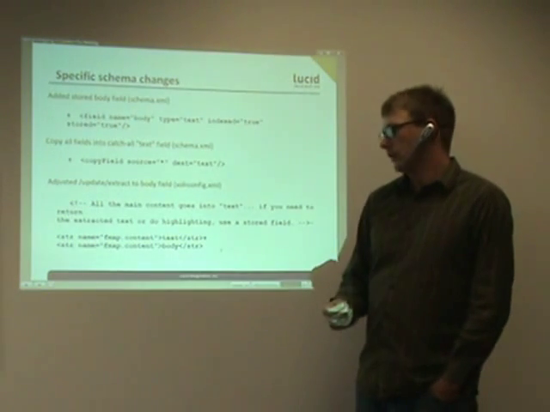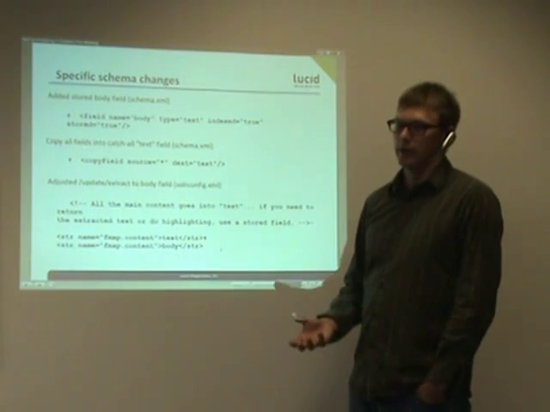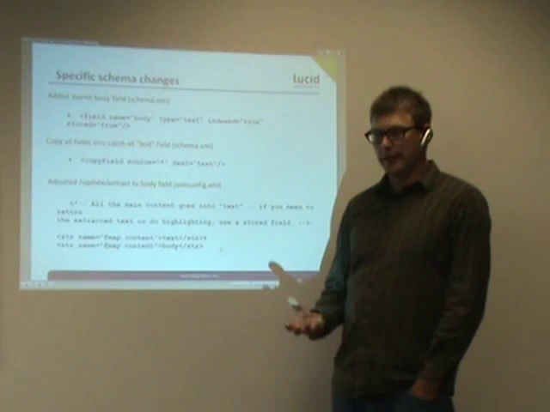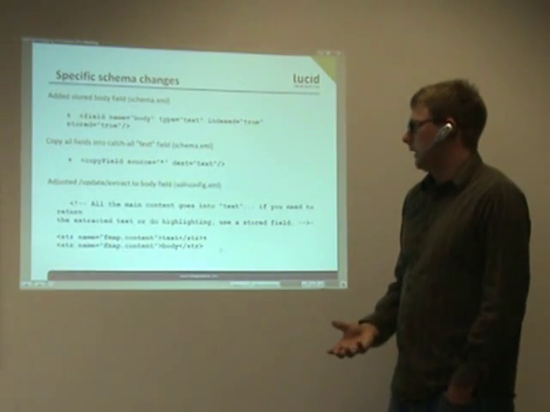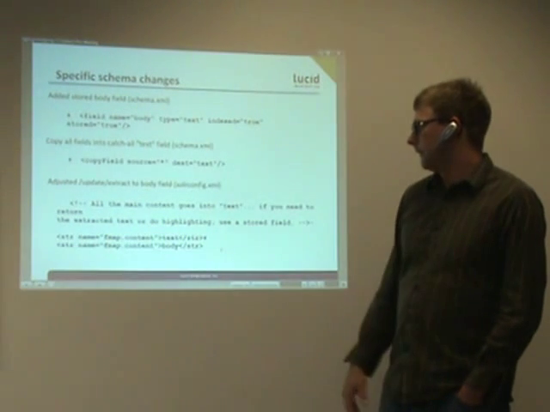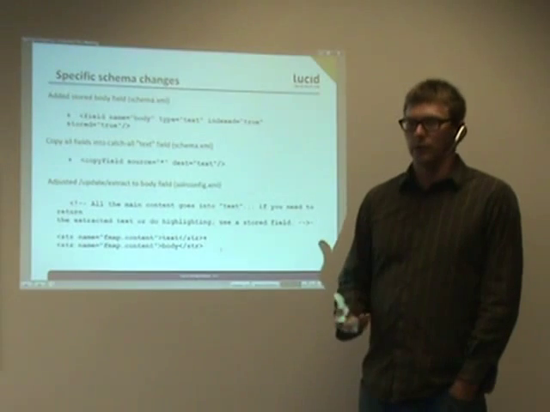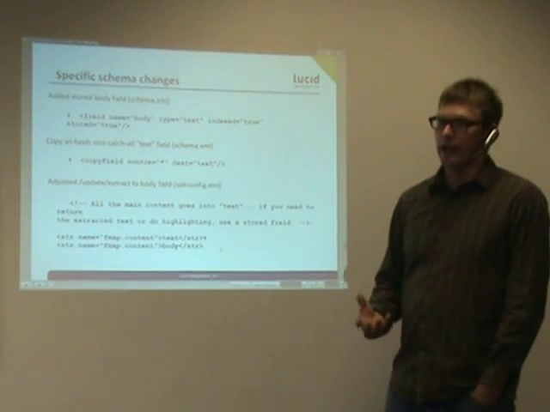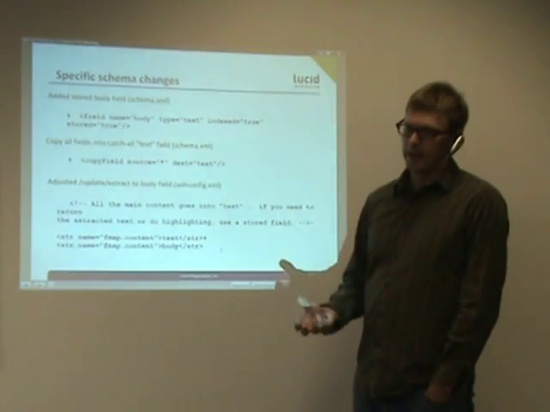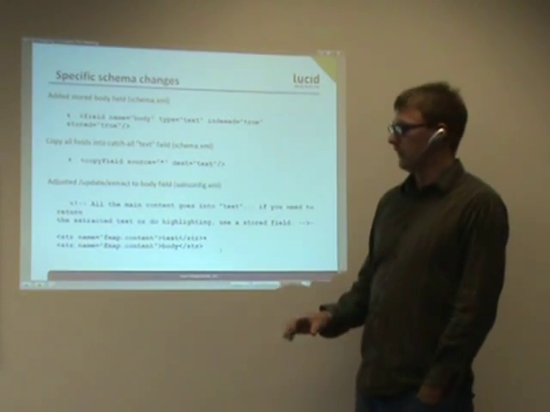And that text field in the schema is set to be unstored. That's a perfectly reasonable thing to do. However, as the comment on this slide says, if the content goes into the text field, it is unstored, therefore we cannot do things like highlight it. Highlighting in Solr requires the field contents to be stored within Solr.